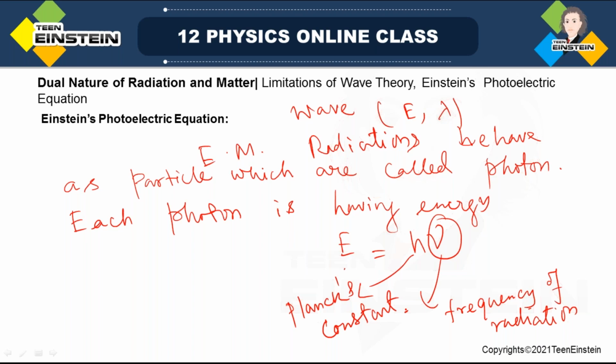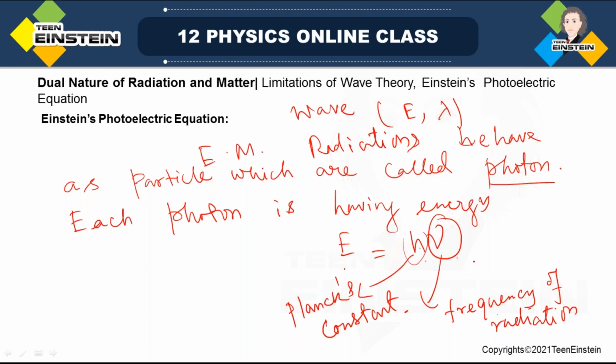So what Einstein proposed is that the radiation irradiating the metal surface behaves as photons having energy h nu, where nu is the frequency of the particular light and h is the Planck constant.